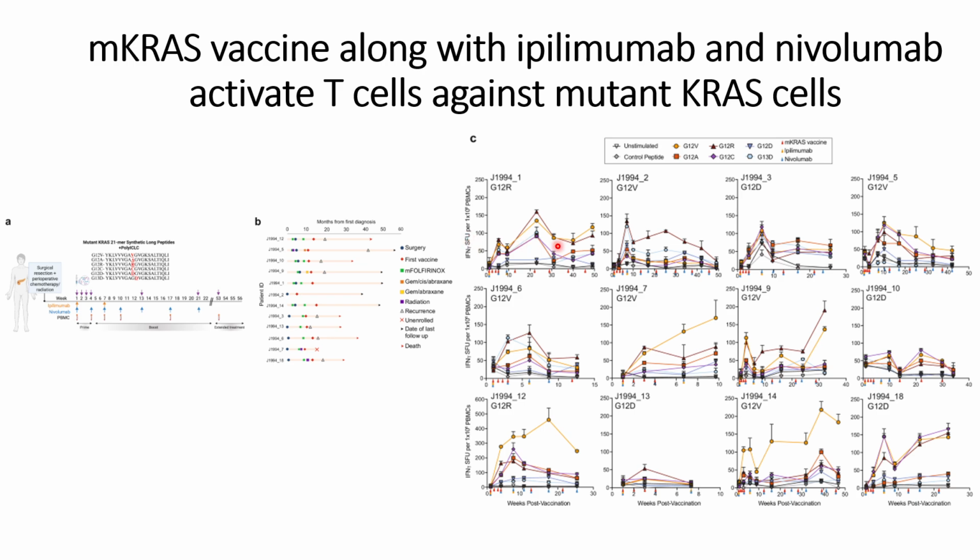So in most of the cases they see an increase in IFN gamma, and those results are in line with this mKRAS vaccine and ipilimumab and nivolumab. Since in most cases the signals went up, this indicates an increase in the activation of T cells post vaccination.